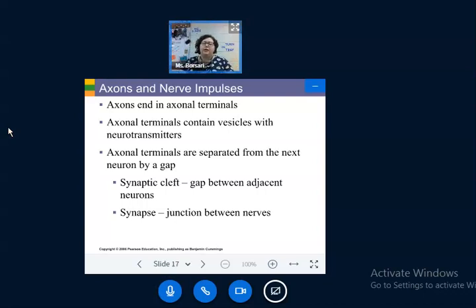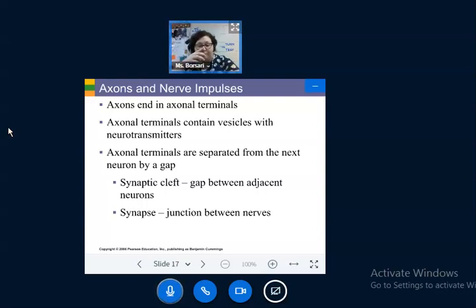In this case, we're defining terminal as an endpoint. It's kind of depressing, but like how if someone's got late stage cancer or a terminal illness, that means it's going to end up killing that person. So it'll be the end. So the axons end in axonal terminals.